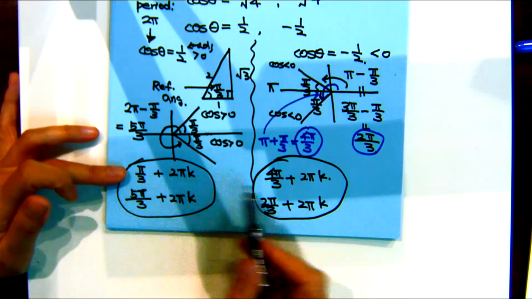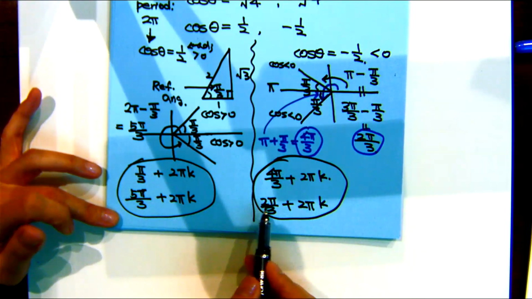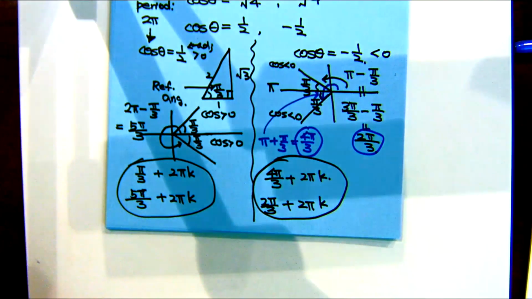If you add pi, then you will make this. If you add pi to 2 pi over 3, then you will get 5 pi over 3, because we are thinking about plus or minus. So I think you can write pi over 3 plus pi k, and 2 pi over 3 plus pi k.